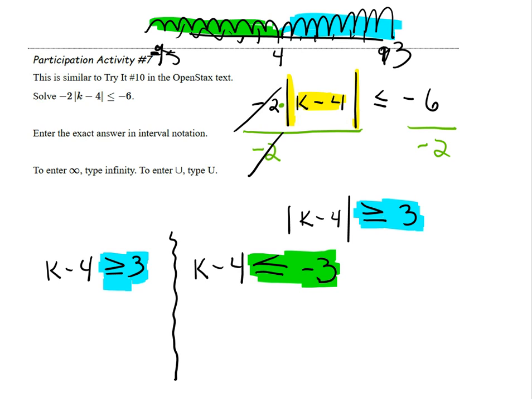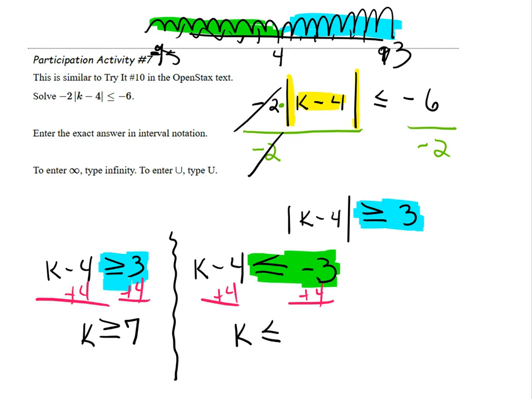And to solve it, you're simply adding 4 on both sides. So one of these is going to be k is greater than or equal to 7. And the other one, when I add 4 to it, I get k is less than or equal to, -3 plus 4 would be a +1.